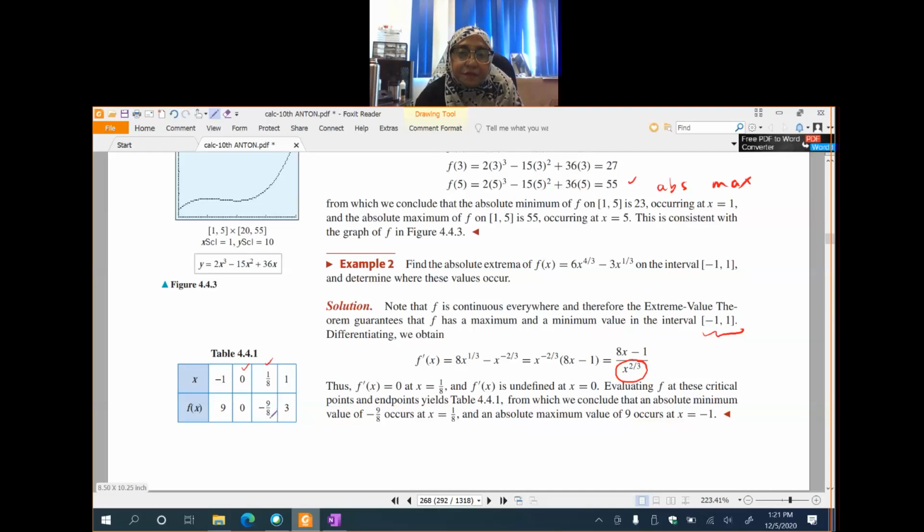If we check, the absolute maximum will be this one, and the absolute minimum will be this one.